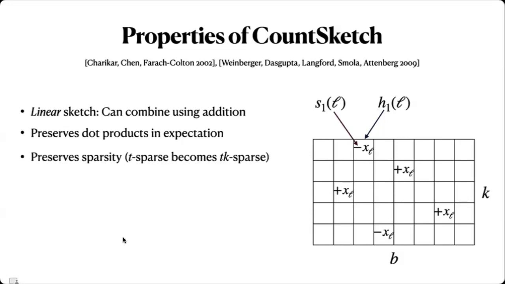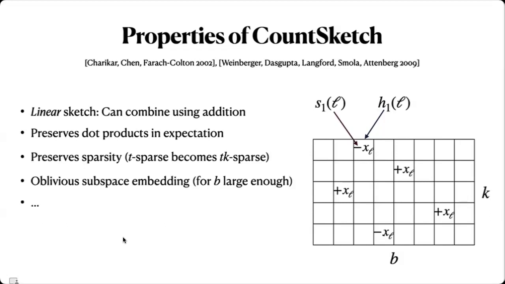Another nice property is that if your input vector is sparse, then the count sketch is also reasonably sparse, depending on this parameter k. If you have a t-sparse vector, it becomes tk-sparse. And I think in a lot of cases, we can think about k as being rather small, maybe even a small constant like 3 or 5, but at most 30 or so.